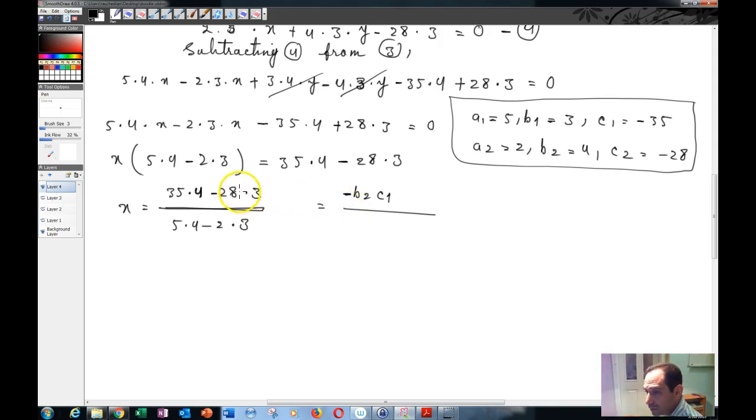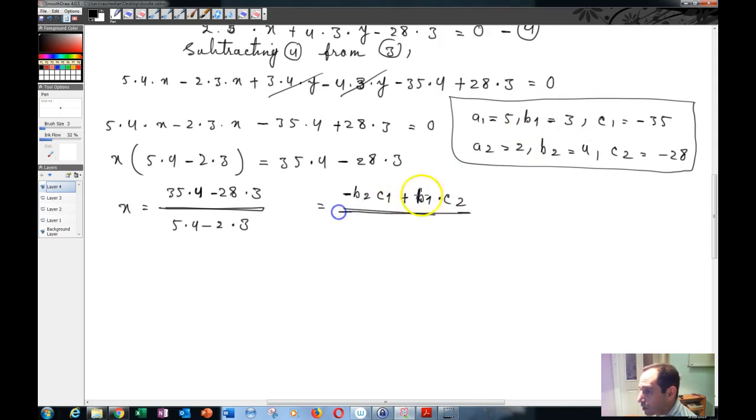And then here I have negative 28 times 3, so 28 times 3 would be b1 times c2. Okay, b1 times c2 would be negative 28 times 3.